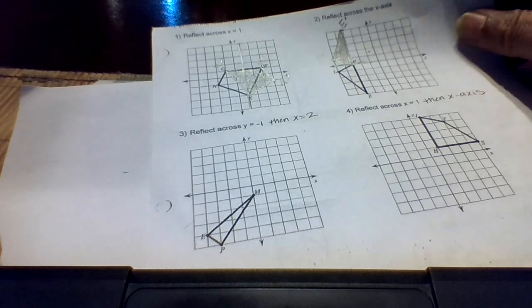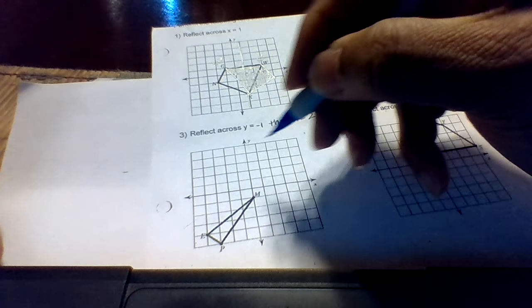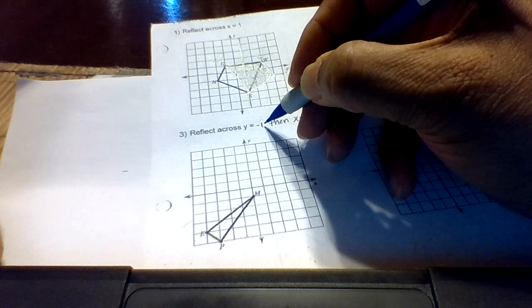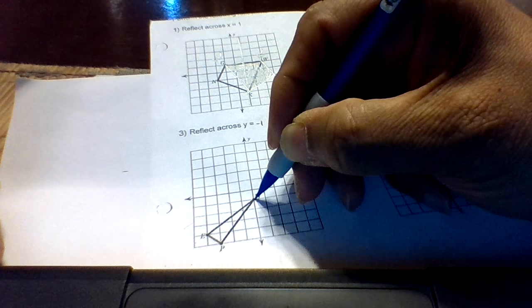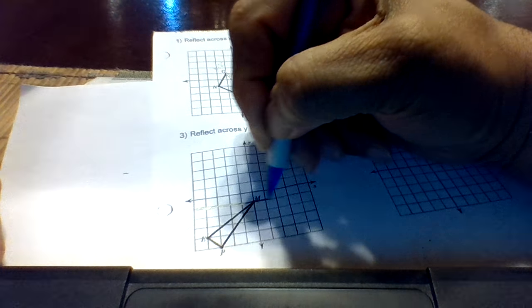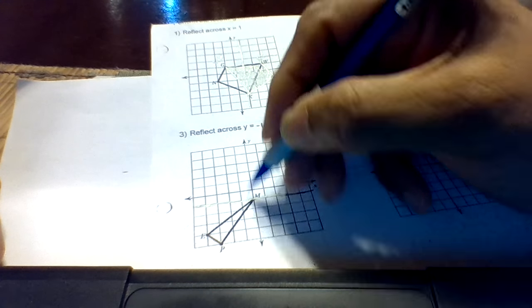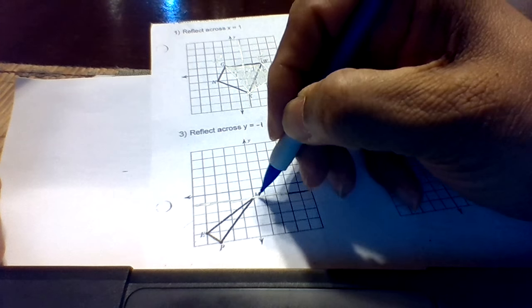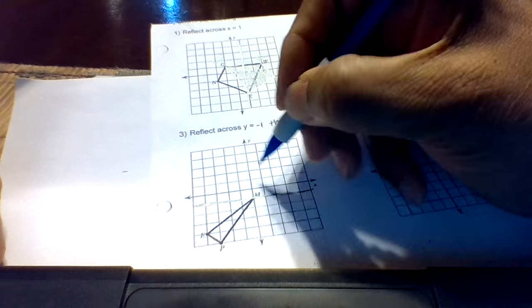Next one. I have to reflect it over 2 lines now. So reflect it over y equals -1. This is where y equals -1. So again, I need to come across this way, because if I go up and down, then I'm actually doing the y-axis, not where y equals -1.